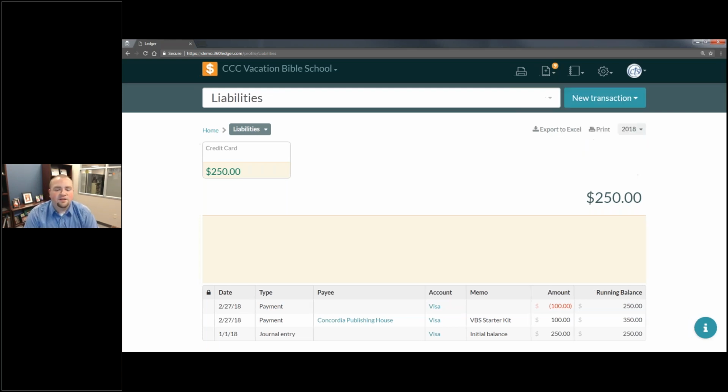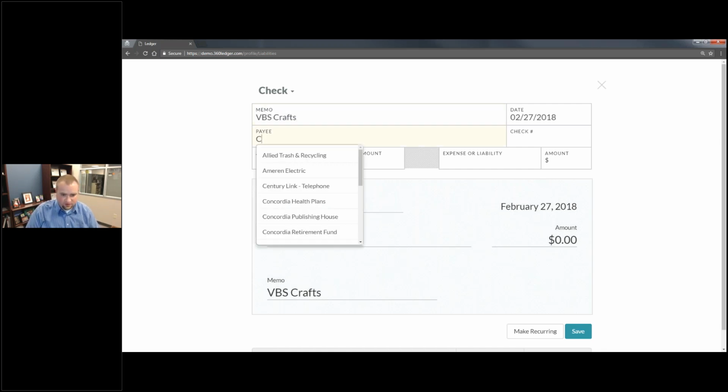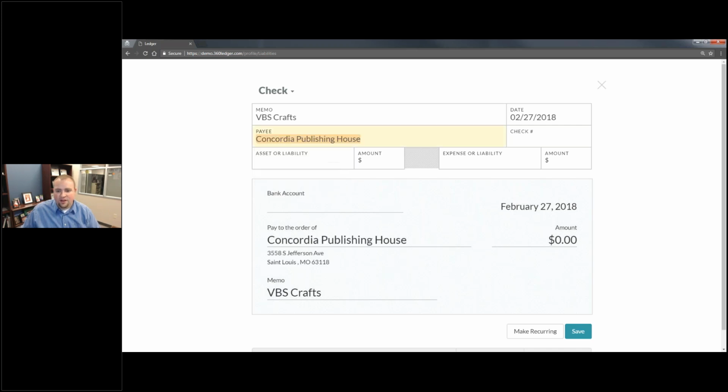Checks are very similar to payments. I mean, they are payments, except there's this added functionality of being able to print checks. So here, we'll go to checks, and let's say we need to buy the VBS Crafts. And so we'll do VBS Crafts, and of course we're going to Concordia Publishing House. And I don't know my check number yet. I'm going to do my checking account.